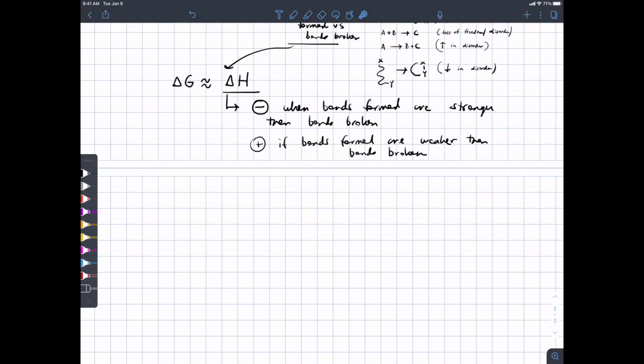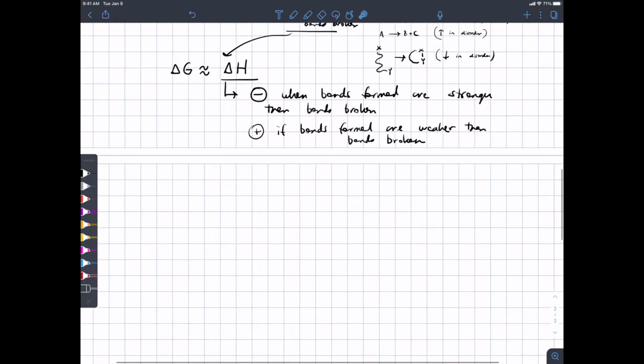Fortunately, delta H, you may have learned this, and this is not important, but I'm going to say it again, it is a state function. So delta H for a process going from A to B does not depend on how you get from A to B. Delta H for that process only depends on the initial state and the final state. And what that means is we can take data from other reactions and use them to calculate the change in enthalpy for an entirely different reaction.